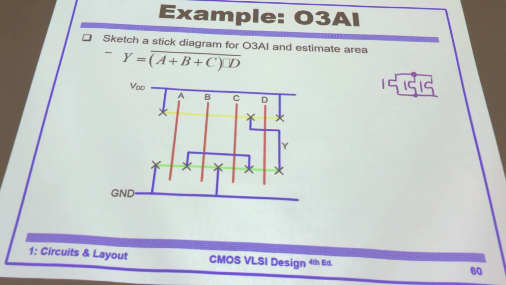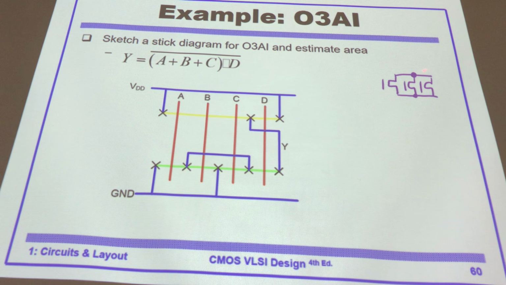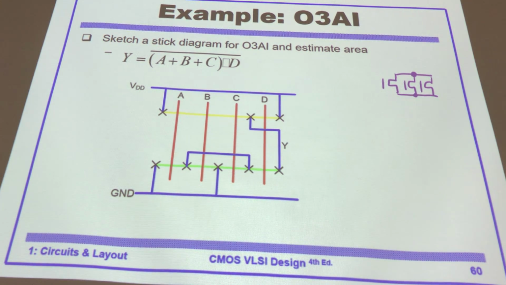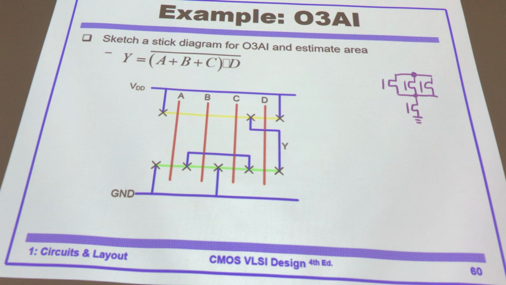Well, D could be on the top or on the bottom, it doesn't matter. Understand? Let's assume it is here. That's going to be your pull-down network, right? How about the pull-up network? The output.